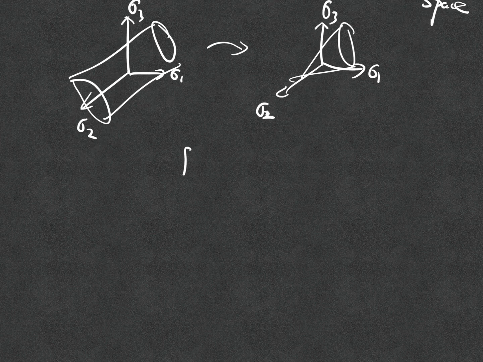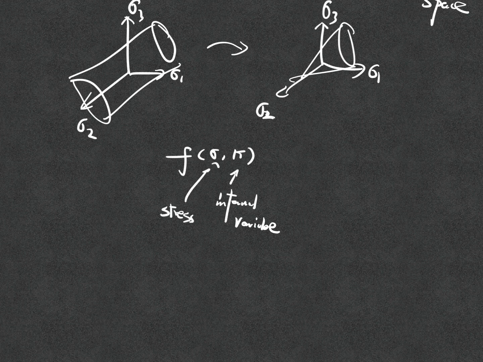Okay, then what should I do? Instead of writing the yield surface only as a function of J2, I will write it as a combination of the internal variable and stress.